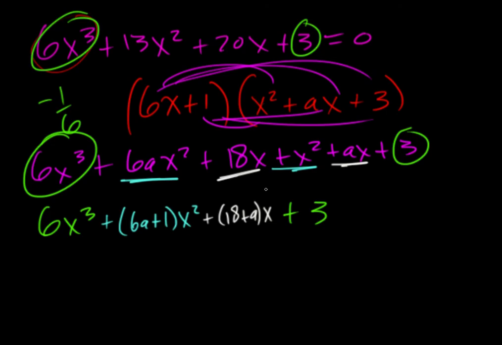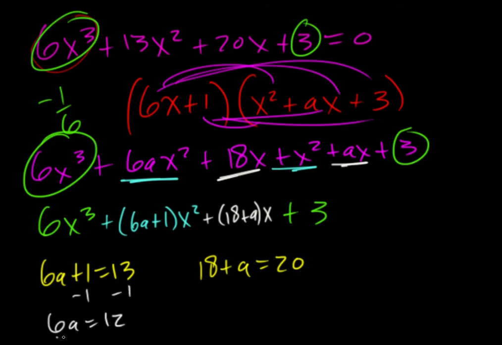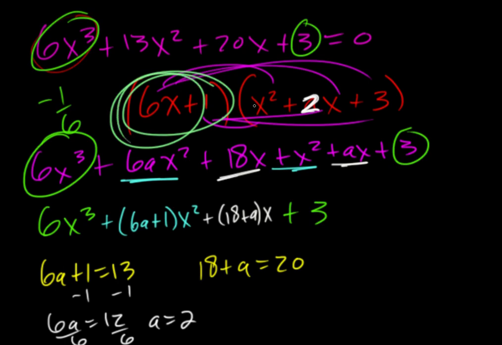Now we compare the coefficients, so we have 6a plus 1 equals 13, and we also have 18 plus a equals 20. We only need one or the other, so I'm just going to use this one. 6a equals 12, so that means a equals 2, so we could replace that. Now, we already know the root from here, so we want to find the root from here.